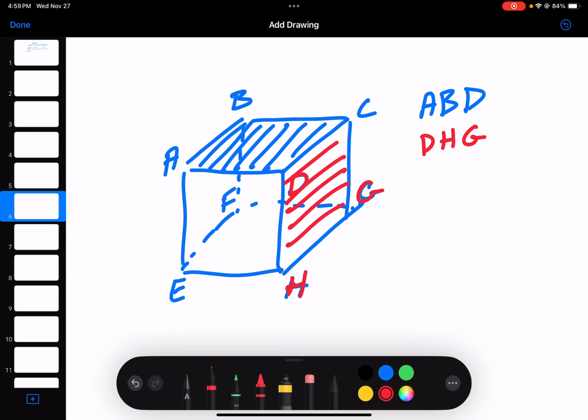So the intersection is a line because 2 planes, right? And the line would be the line DC. Okay.